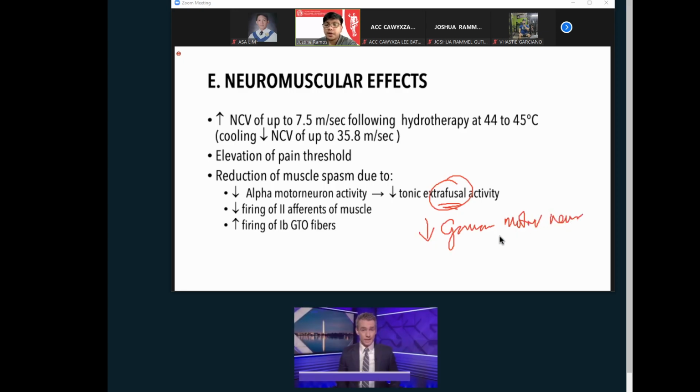Kasi remember, di ba, kapag meron kang spasticity, pag meron kang spasm, okay, mostly the gamma motor neuron is actually on hyperactivity.